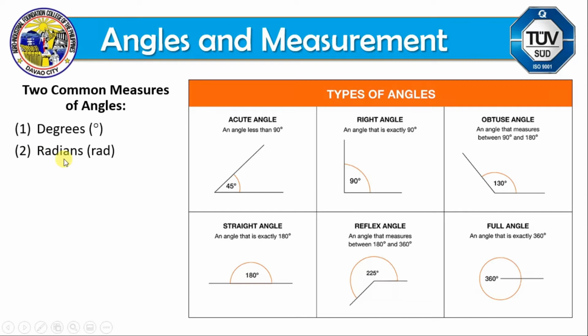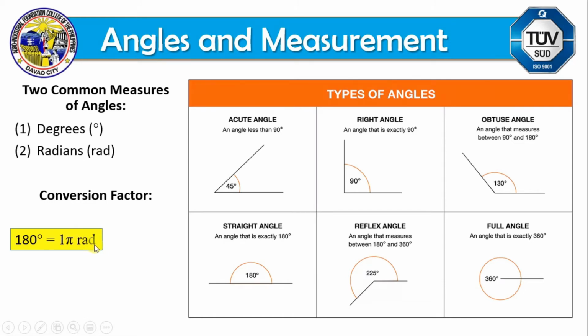This is actually a conversion factor: 180 degrees is equal to 1 pi radians. Meaning, a straight angle, an angle that is exactly 180 degrees, is actually equal to 1 pi radians.